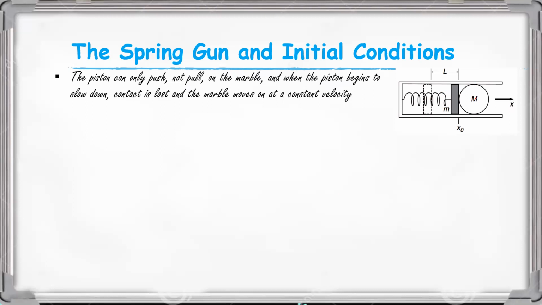At that point, the mass moves forward and the spring moves backward. At that time the contact with the marble is lost. Then the marble moves at constant velocity.